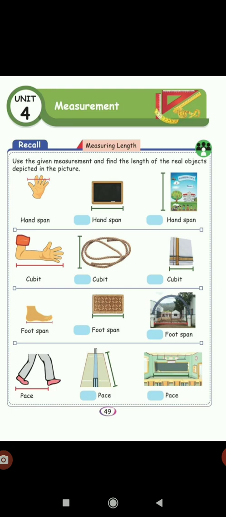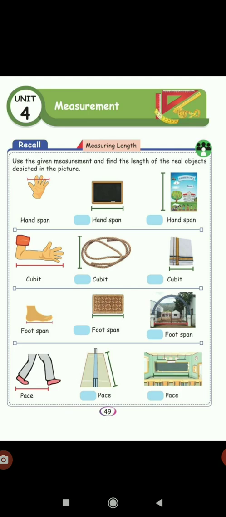First one, hand span. Hand span is measured from the tip of the thumb to the tip of the little finger.